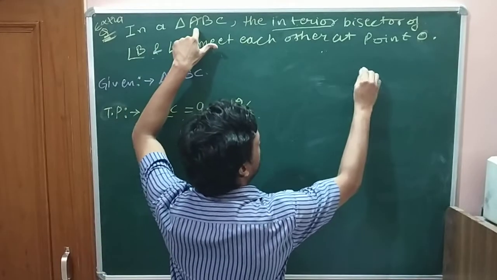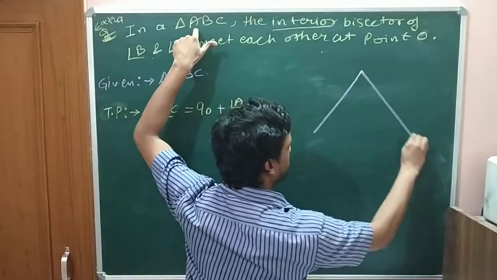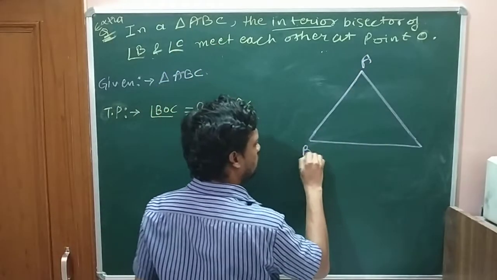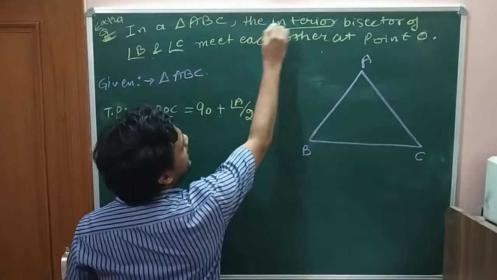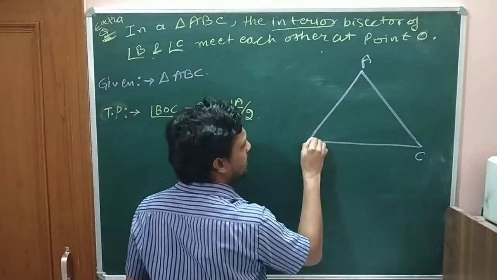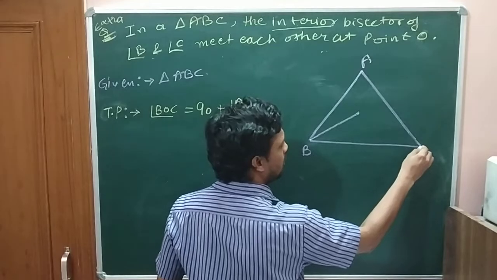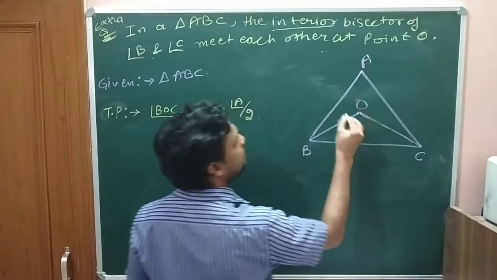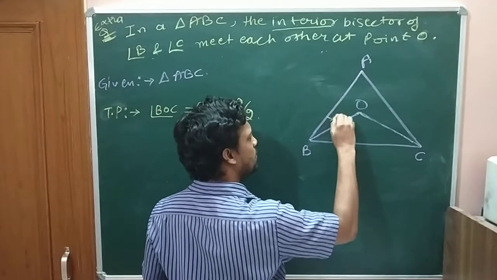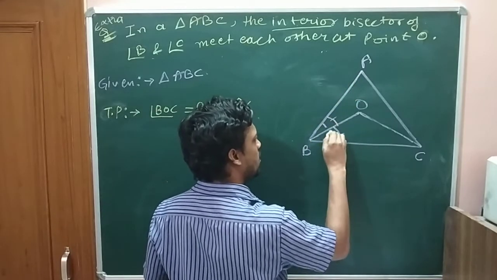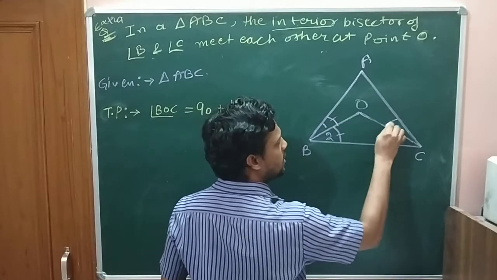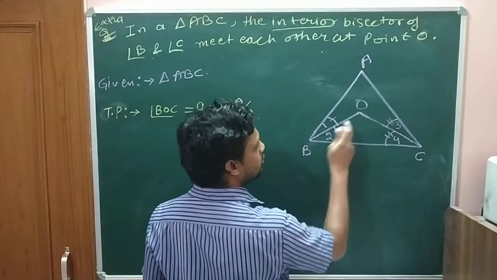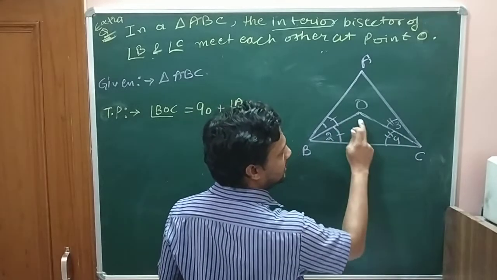The interior bisectors of angle B and C meet at point O. If it is a bisector, let it be angle 1 and angle 2, and angle 1 equals angle 2. Similarly here, angle 3 and angle 4, angle 3 equals angle 4, because OB is the bisector of angle B and OC is the bisector of angle C.